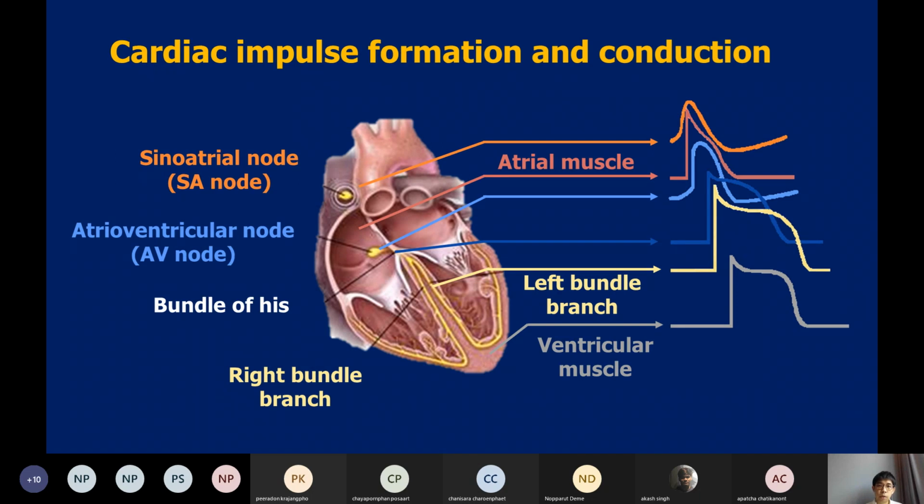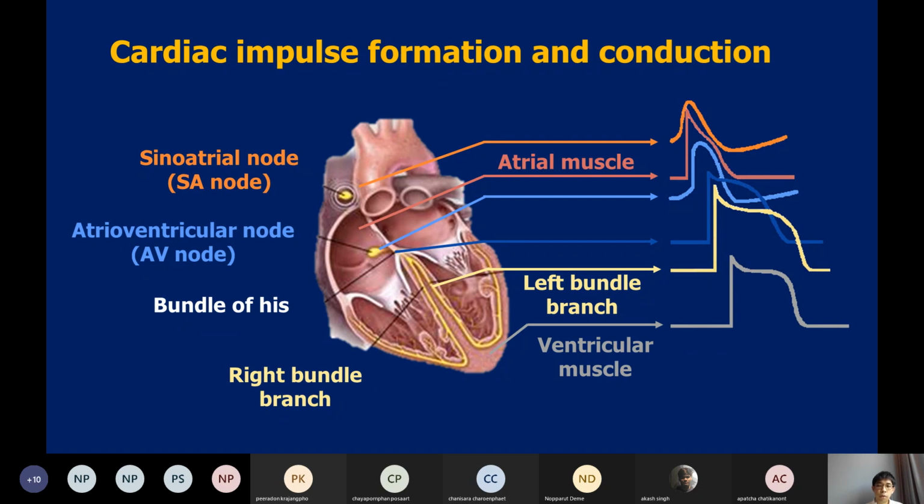Now we are going to look into the normal conduction system of the heart. The impulse in normal people is generated from the sinoatrial node, or the SA node. The impulse goes along through the atrium and into the atrioventricular node, or the AV node.